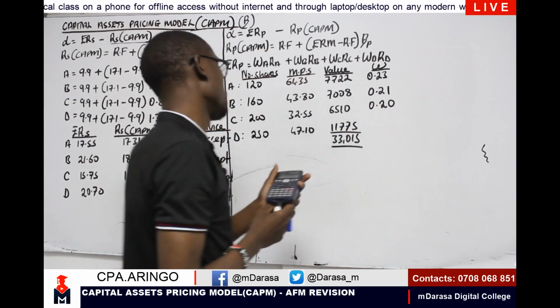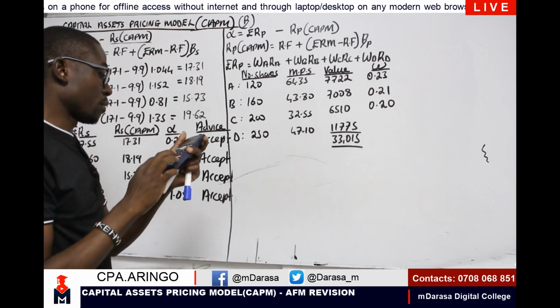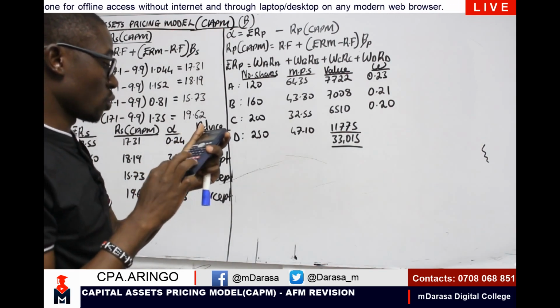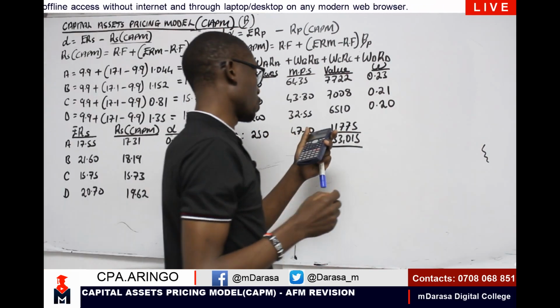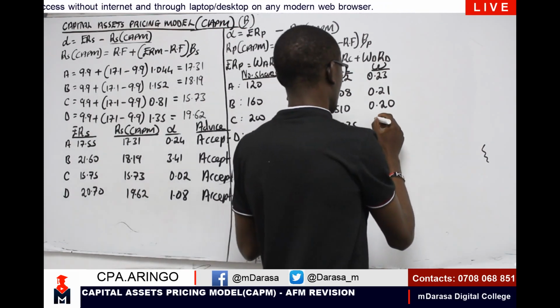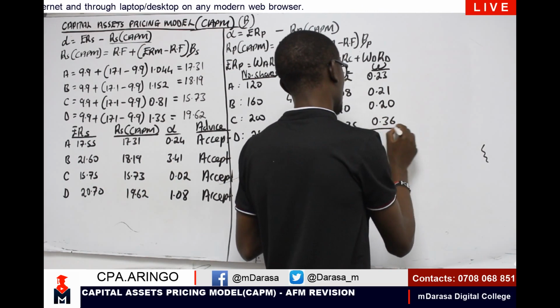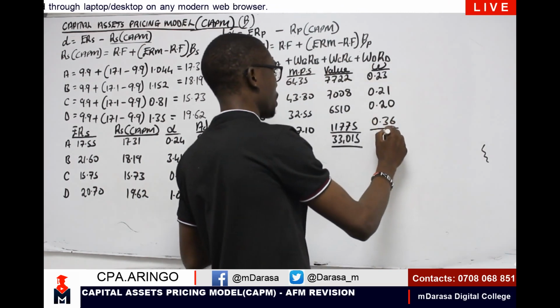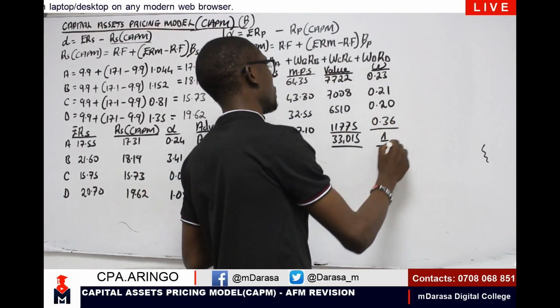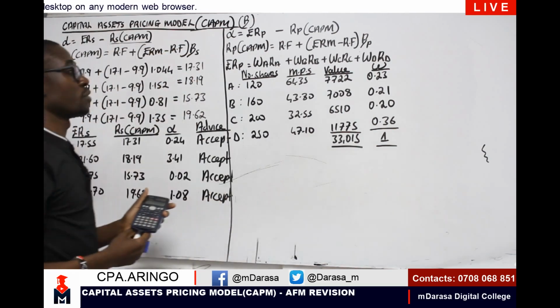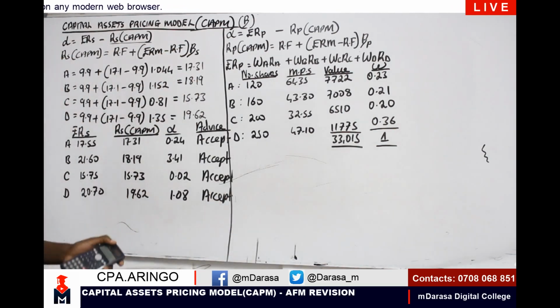Then finally, 11775 divided by 33,015 gives us 0.36. If we add all this together, that should give us 1, right? So once we have determined our weight, our work will be very easy.